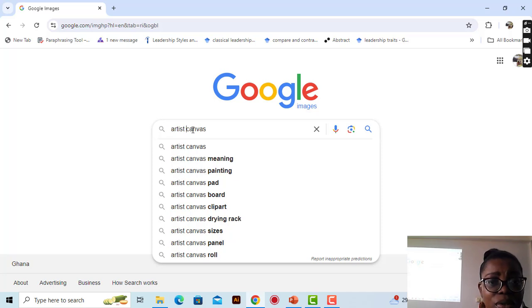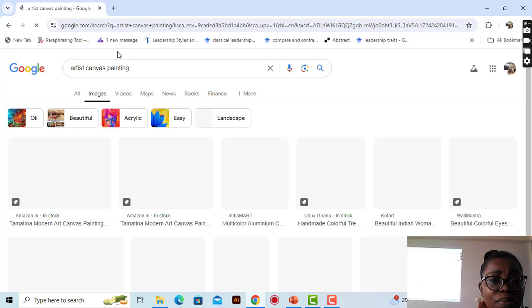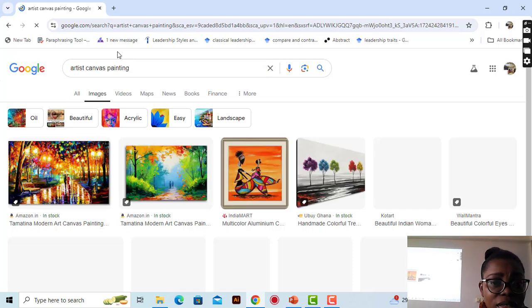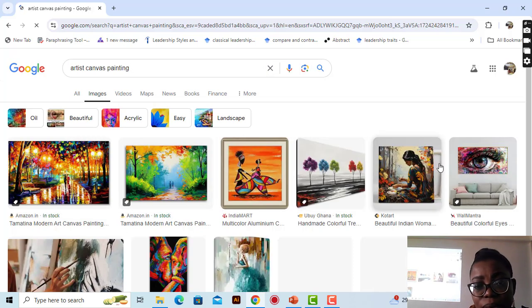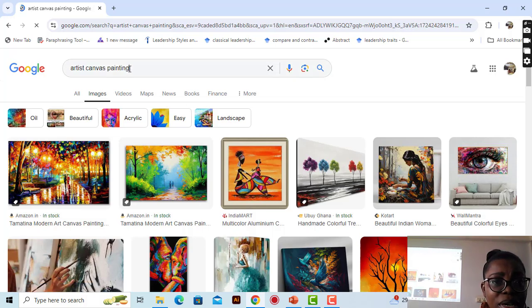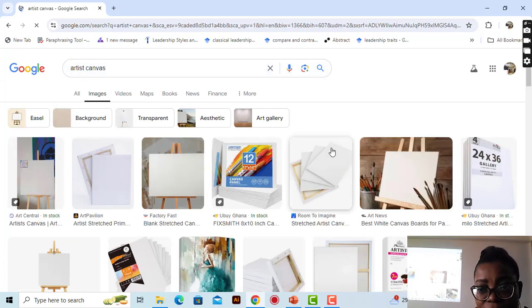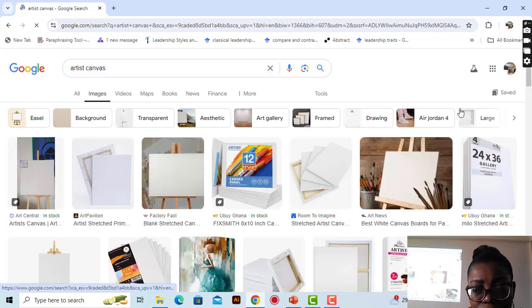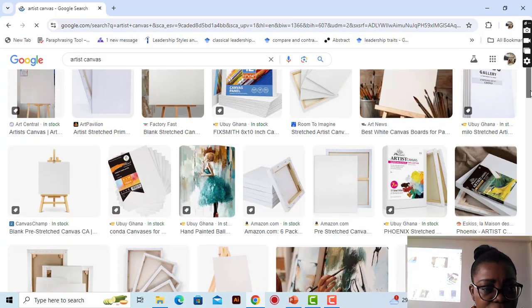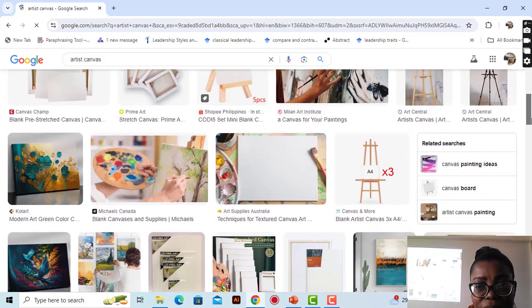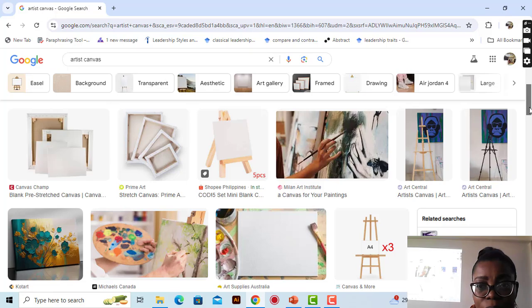If it doesn't give us what we want, okay, so artist canvas, canvas painting. Now, because we have added painting, let's just limit it to canvas. It may not be clear here, but at least you have an idea of what I mean.